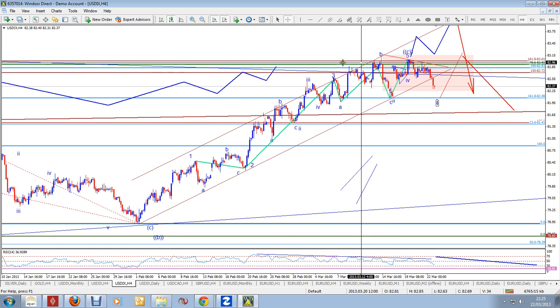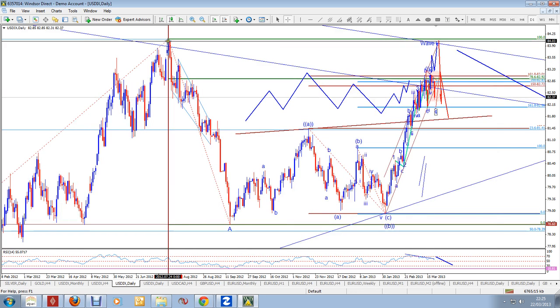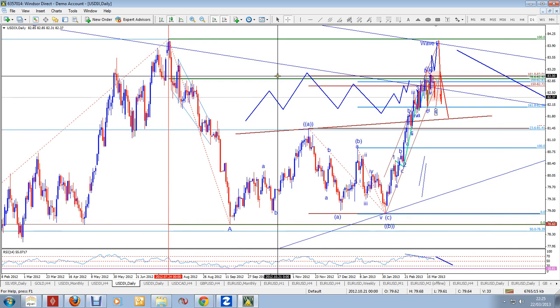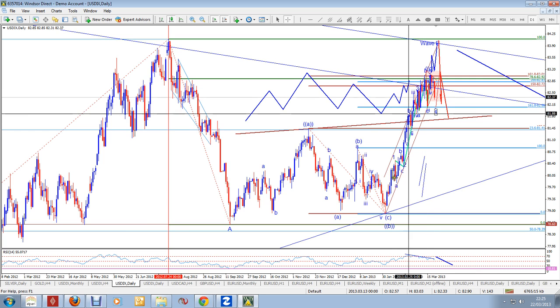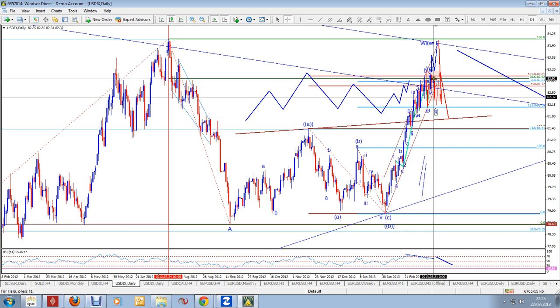That's one. Of this decline, we've also got a 78% retracement coming into that area. We have this downtrend line coming into the same area too, and we also have a few Fibonacci projection confluences coming in.